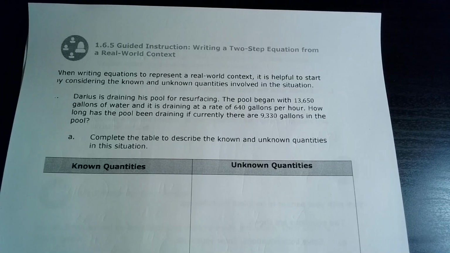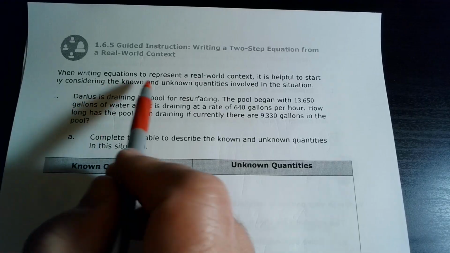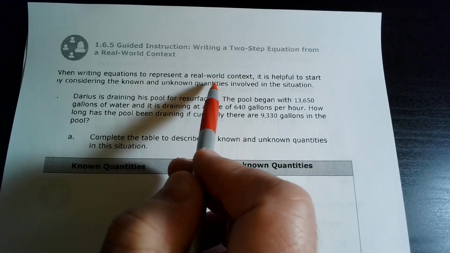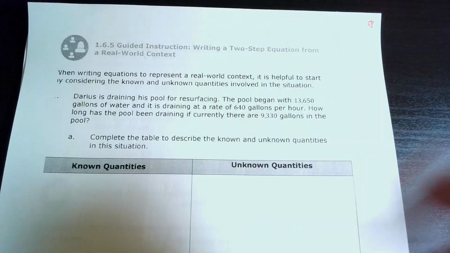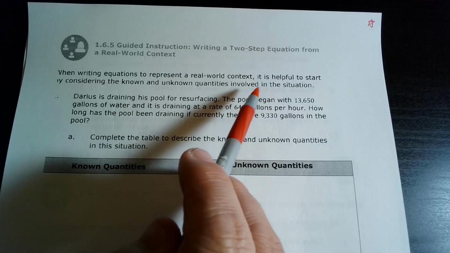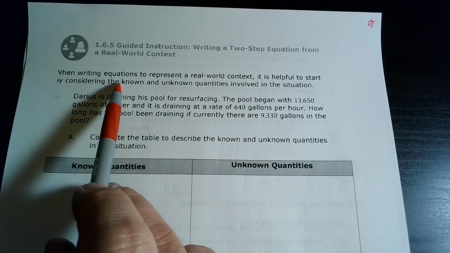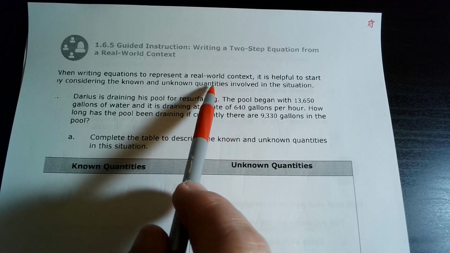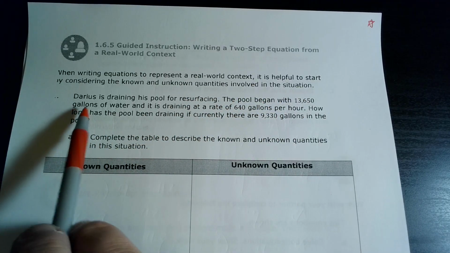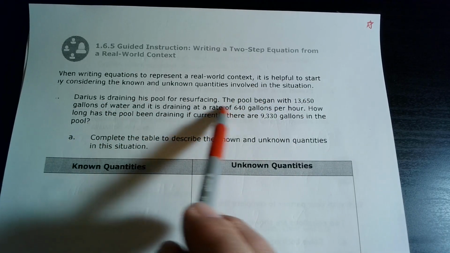All right, so 1.6.5, writing a two-step equation from a real-world context. When writing equations to represent real-world context, it is helpful to start by considering the known and unknown quantities involved in the situation. So Darius is draining his pool for resurfacing.